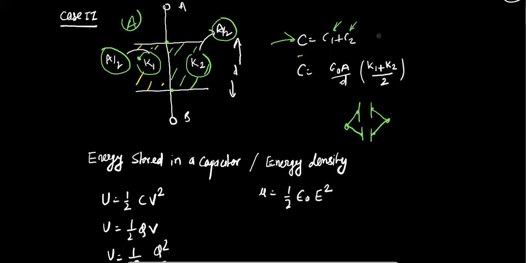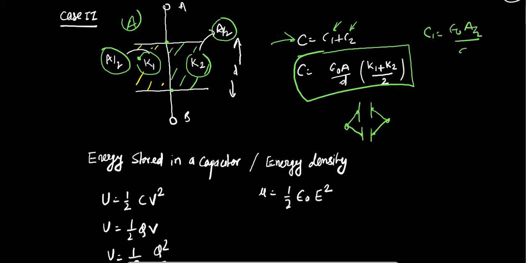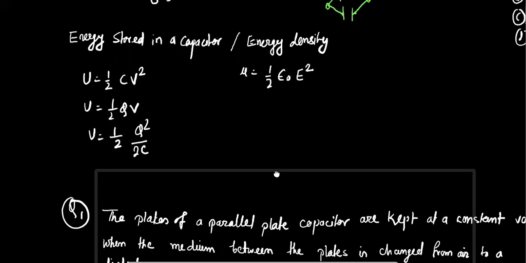And on solving the expression by using C1 equals epsilon naught A by 2 by D and C2 equals epsilon naught A by 2 by D, we can get this kind of expression. Okay, so that is all about the combination of capacitors and their special cases.